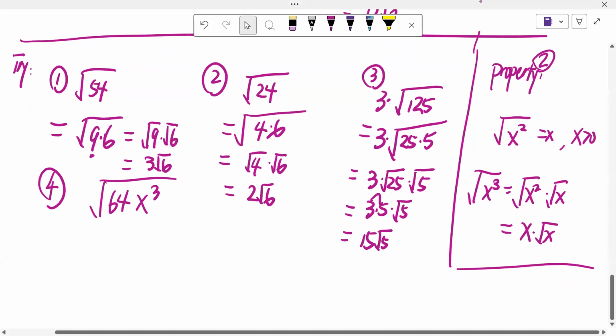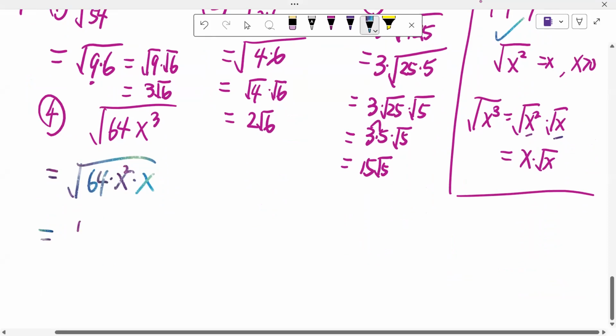And the fourth one, we're going to split up, right? Here x cubed, we're going to turn into x squared times x. So 64 times x squared times x. So we get the square root of 64 and the square root of x squared and the square root of x.